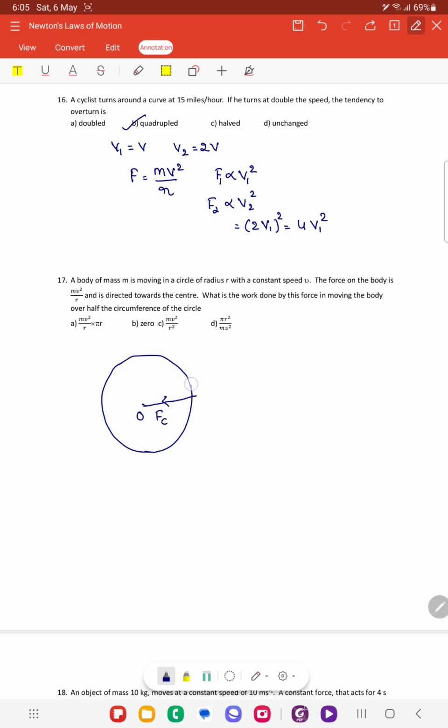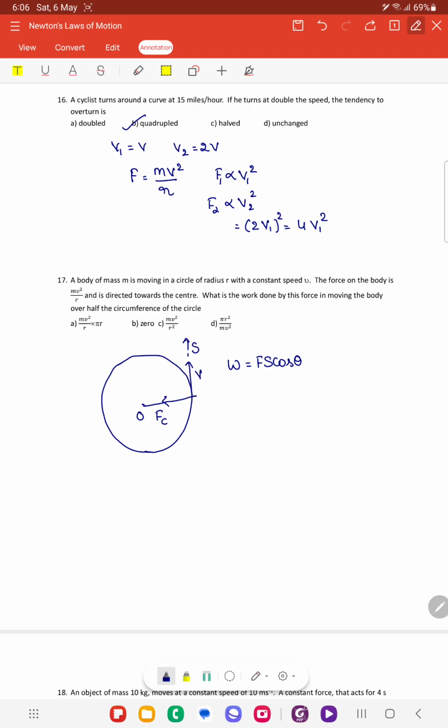Now when you consider here, the velocity acts along the tangent. That is, the displacement is acting along the tangent of the circular path. So work done is given by F dot S, which is Fs cos theta. As I said, the displacement is along the tangent, that is along this direction.